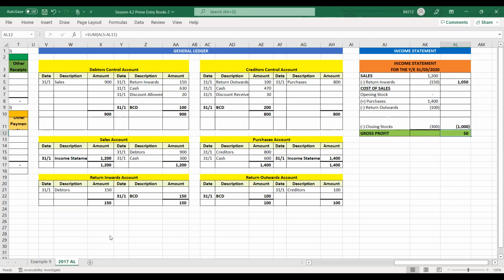Now I will move to another area, another important part: control accounts. Let's do some questions from control accounts.